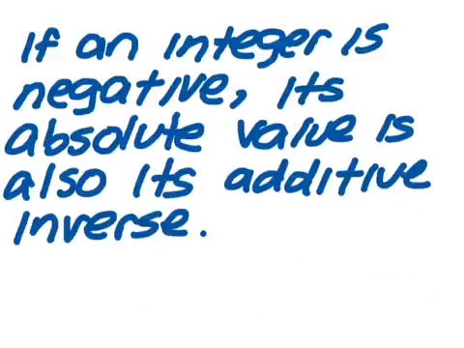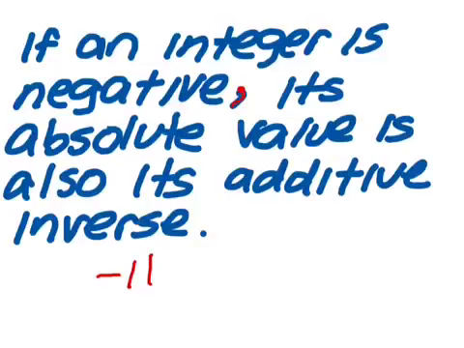If an integer is negative, its absolute value is also its additive inverse. Those are really big words that mean something very simple. If an integer is negative, let's pick negative 11. We have a negative integer now, right? We're good up to the comma.